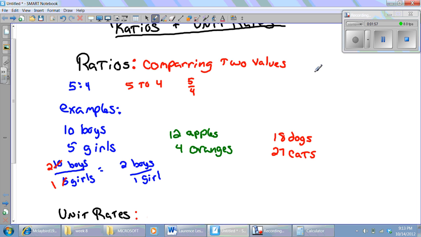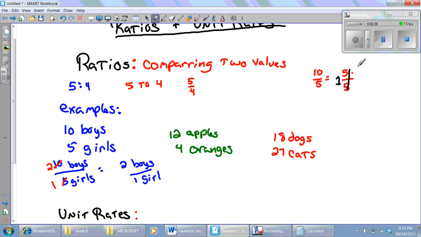Another way to think about it is I have 10 over 5. I could write that as 5 times 2 over 5 times 1, and then if you cover up this part of the fraction, you see we have 5 over 5. And you should all know that 5 over 5 is the same as 1, 5 divided by 5.